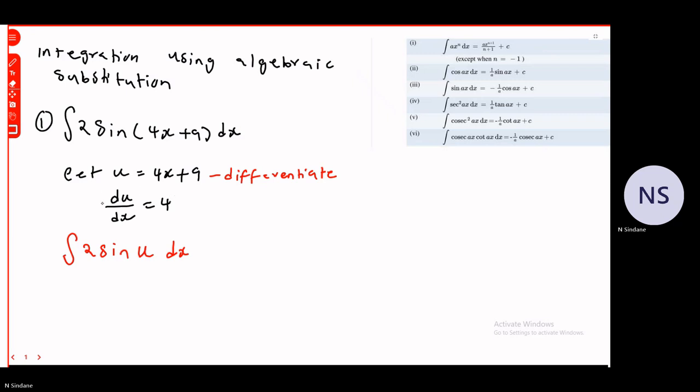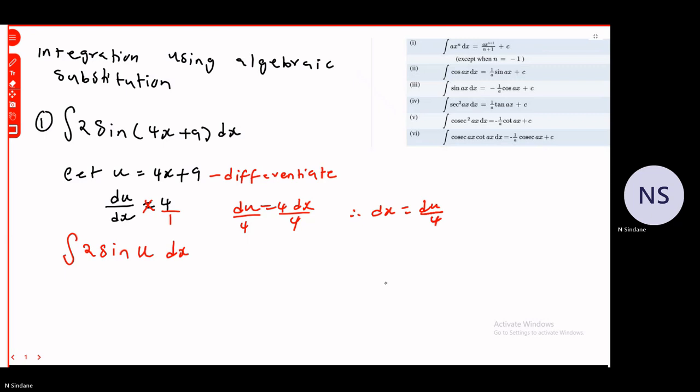I make dx the subject of the formula. Making dx the subject means I'm going to cross multiply. I'll have du is equal to 4 dx. Therefore, divide by 4 to make dx the subject of the formula. Therefore, I have dx is equal to du over 4.